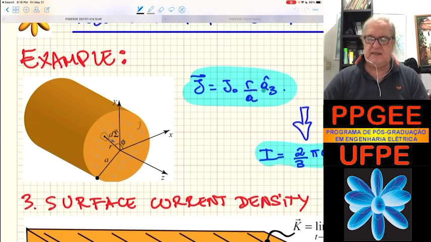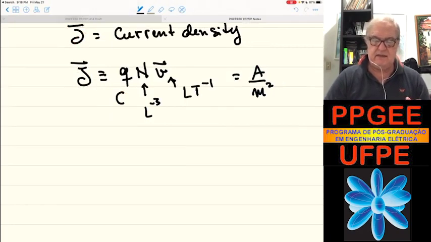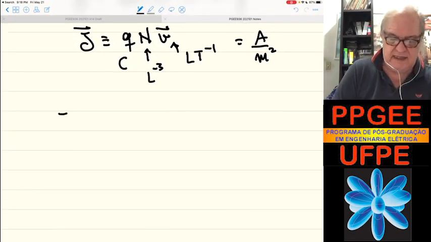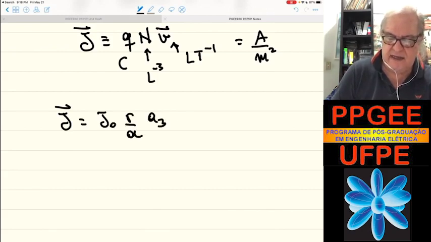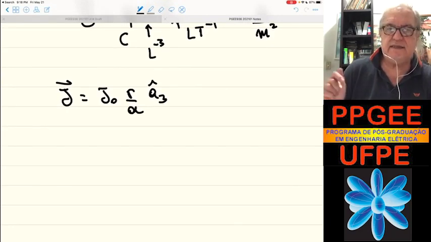If you look at this expression, the density is 0 on the z-axis, and the density is maximal at R equals a. So let's calculate the current that crosses this cross-section. So density is given by J0 r over a, az. In this case, it's simple, right?